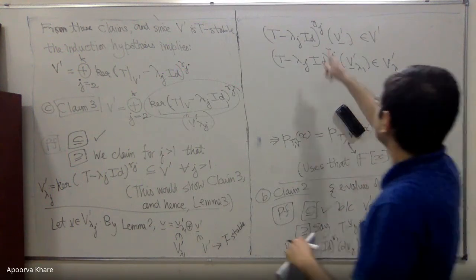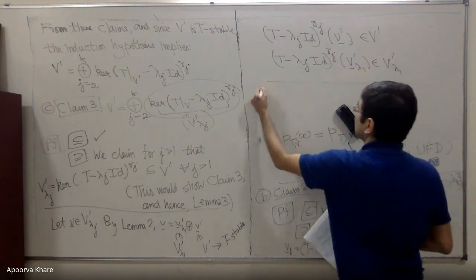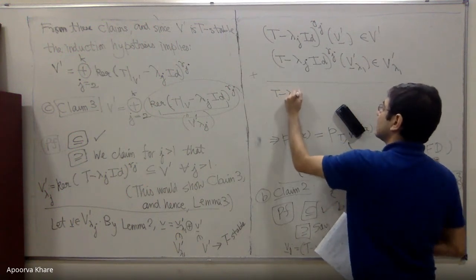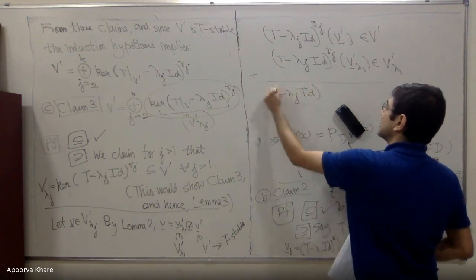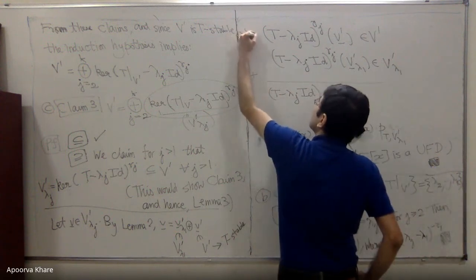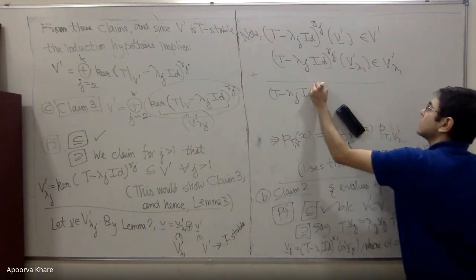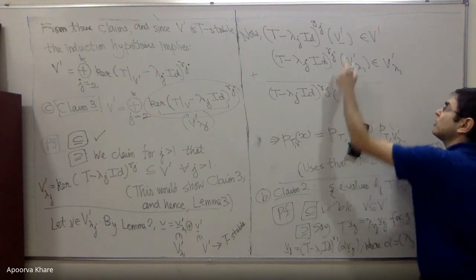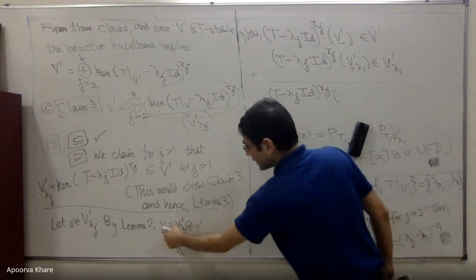But now if you add these two equations up, what do you get? You get T minus lambda j identity to the Rj applied to V prime plus V prime lambda 1. But what is that? That is exactly v.